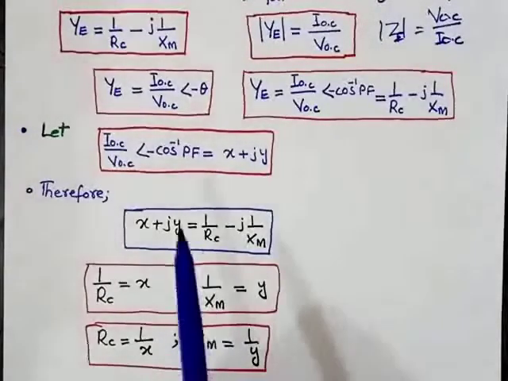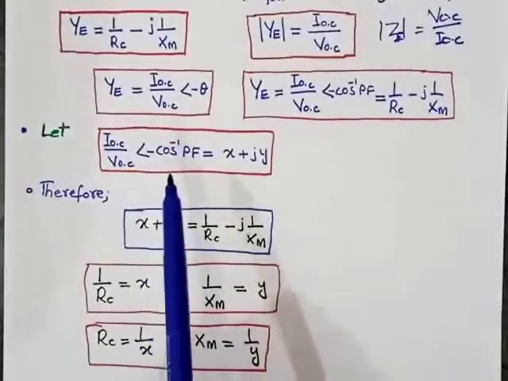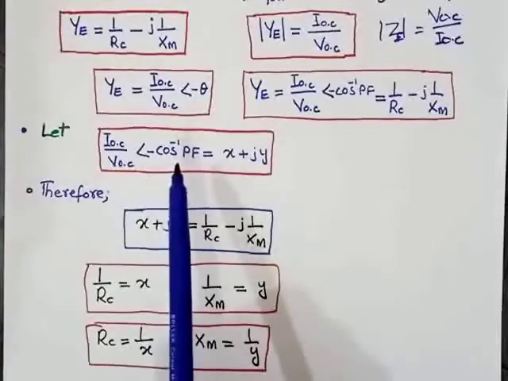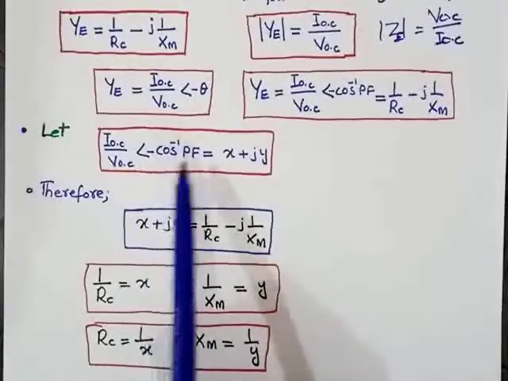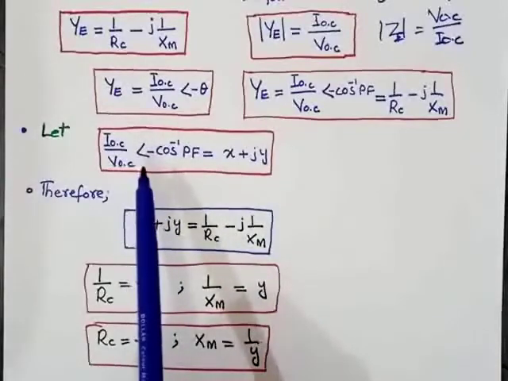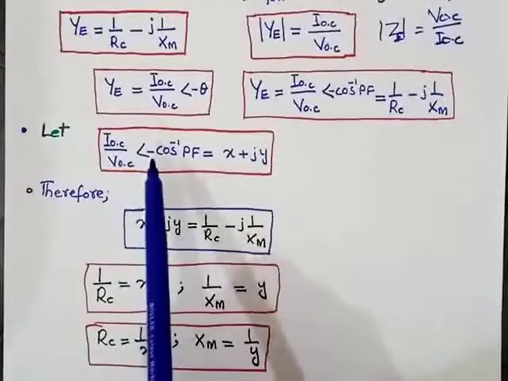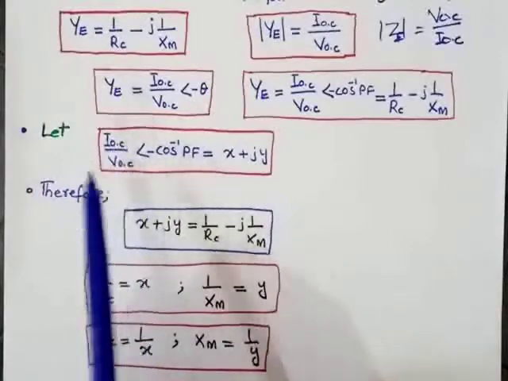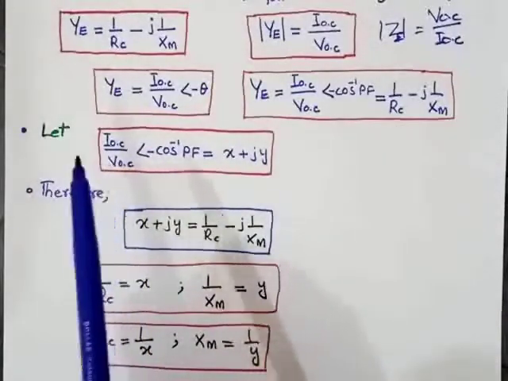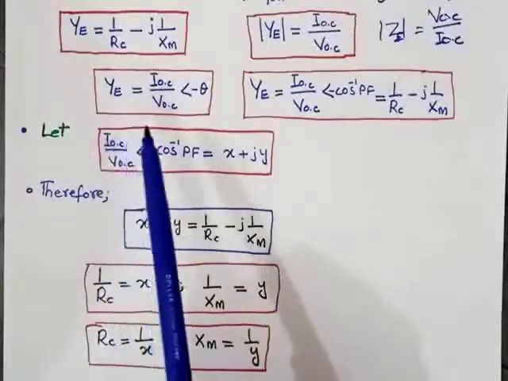The power factor is always lagging for a real transformer due to magnetizing components. So the angle of current always lags the voltage by theta. That's why this is the minus sign. The minus sign basically shows that the current lags the voltage. When the current lags, then the angle of the current will be negative.